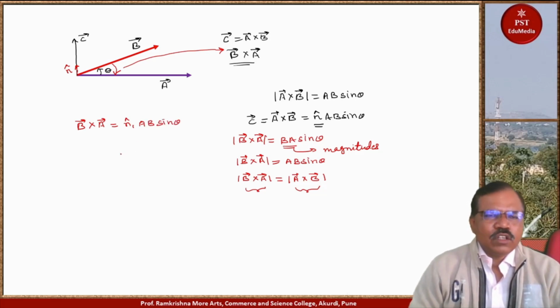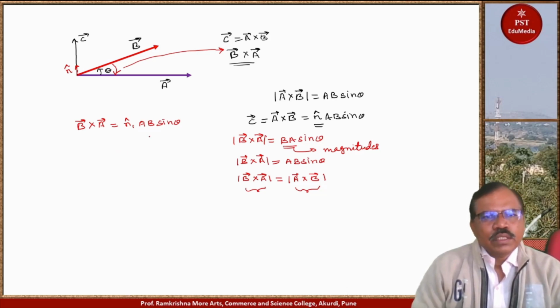Then what is the direction of n1? Here n1 is directed downwards. Since it is a unit vector, n1 will be equal to minus n.